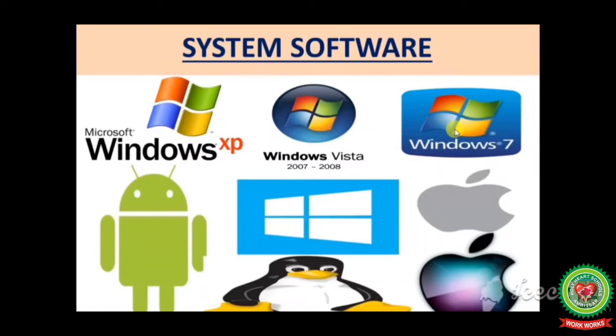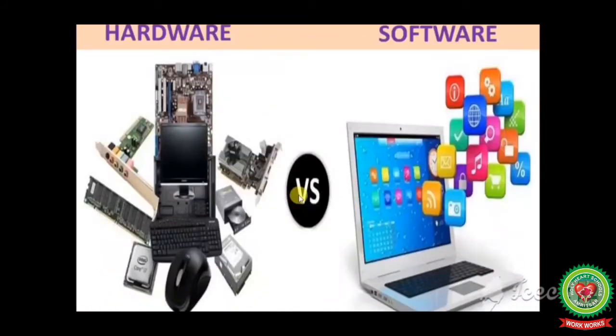So students, we can say that hardware and software are interdependent, and without any single part, the computer cannot work. Like if you want to work in MS Word, firstly you need some hardware parts of the computer, and if you don't have software, the computer is useless.